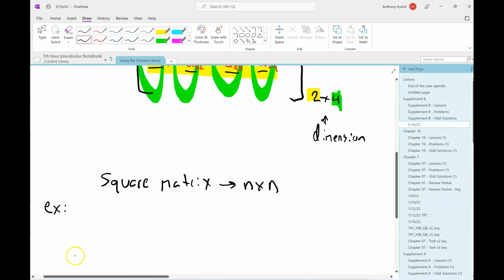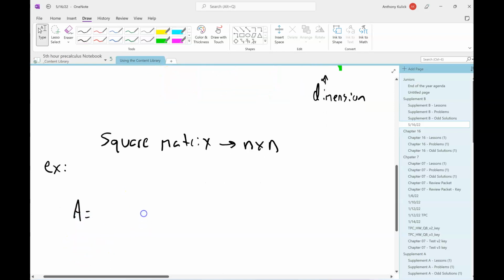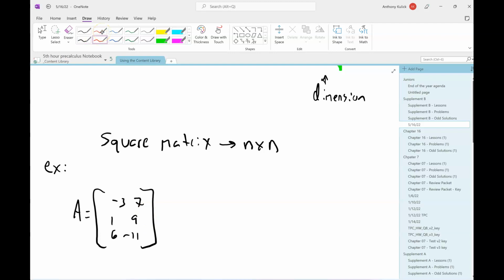Just as an example, let's say we have this matrix here that I'm calling A. What is the dimension of this matrix? 3 by 2.